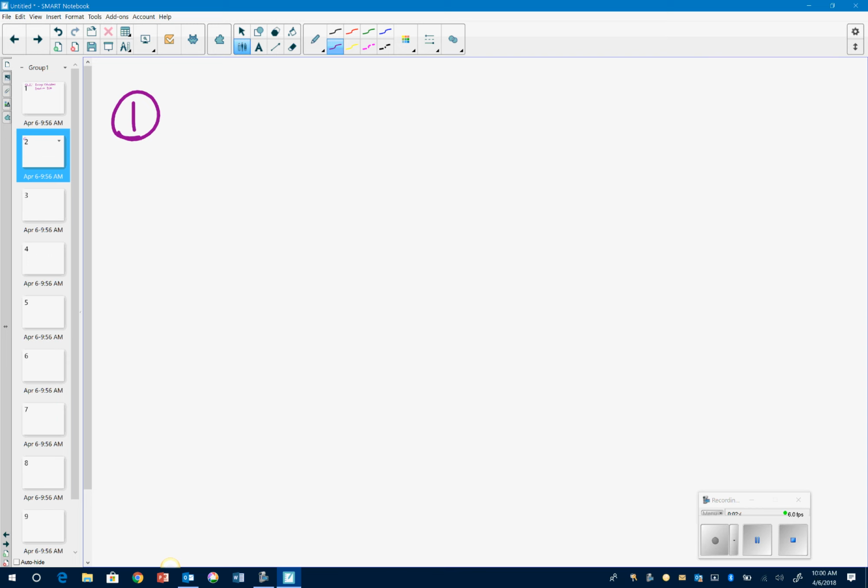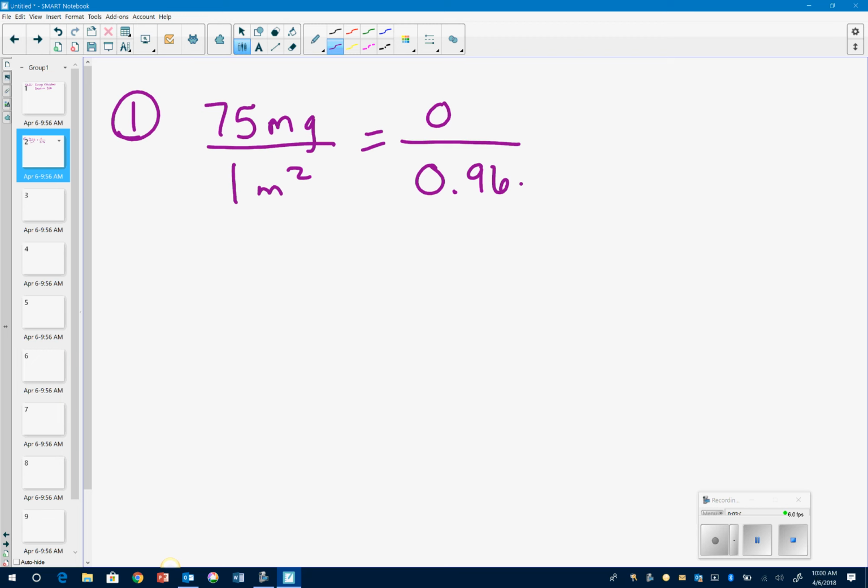So what you want to do is, you know that it comes in 75 milligrams per 1 meter squared. And the BSA, it already tells you what it is, so put that on the bottom, 0.96 meters squared, when you're trying to find X milligrams.